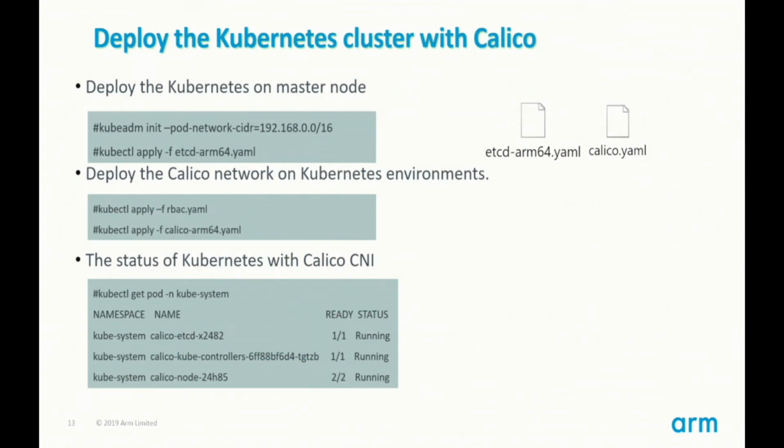This is a deployment file for Kubernetes, which I think is very easy, simple and direct. And the deployment is the same as that on x86, with just three pods in the kube-system namespace.